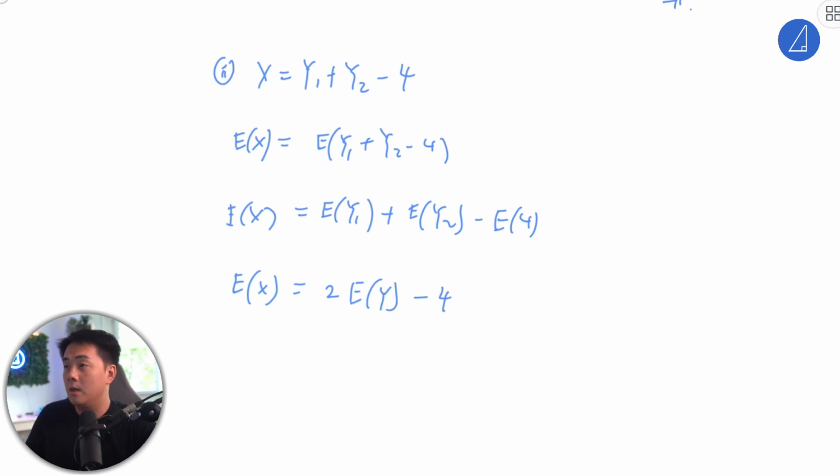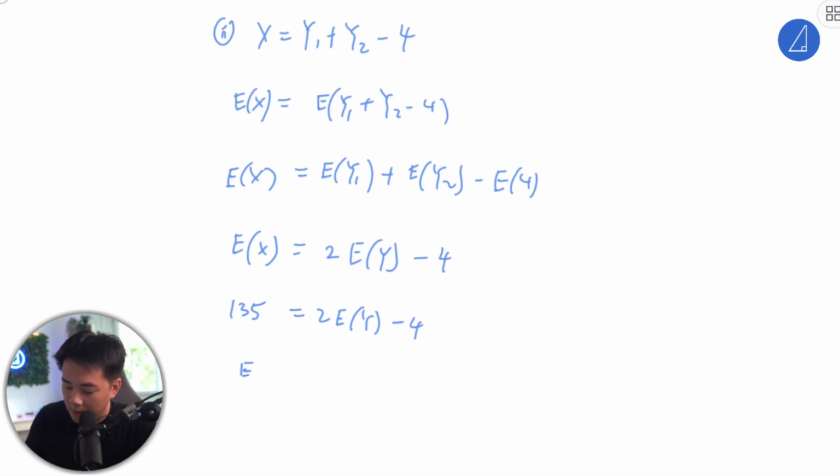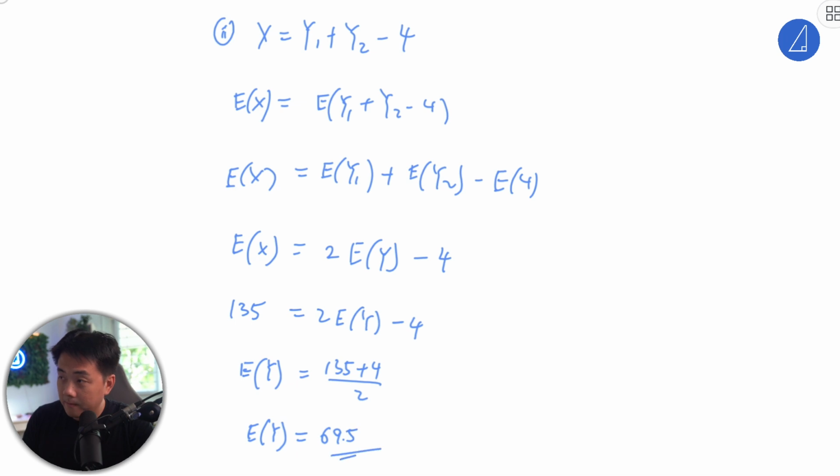We know that E(X) is 135, the mean. Then this is 2E(Y). Then you just make E(Y) the subject. So E(Y) is nothing more than 135 plus 4 divided by 2. So E(Y) will be 69.5. Okay, there you go.